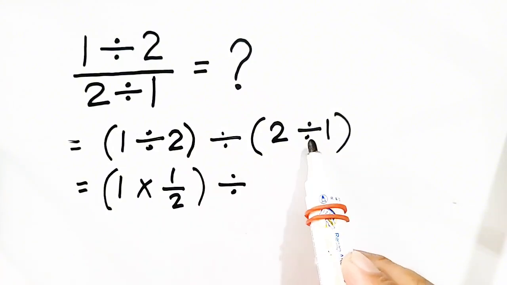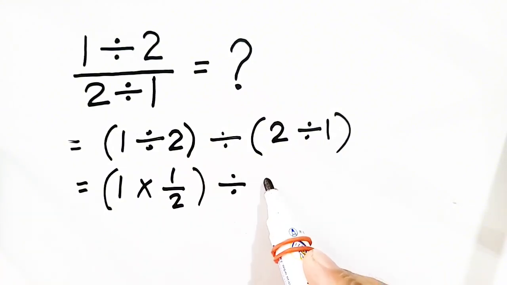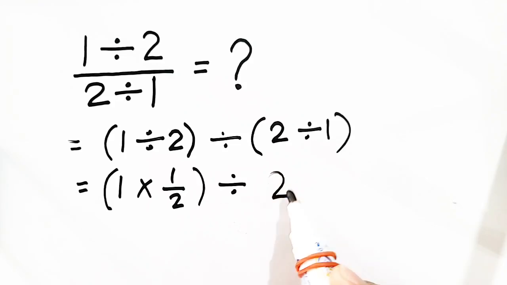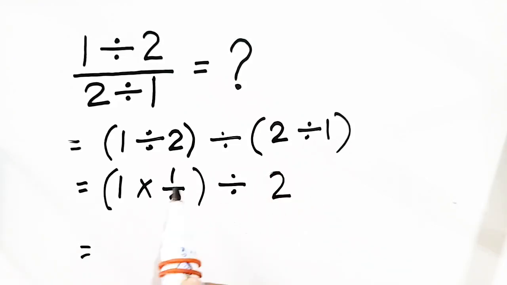Similarly, 2 divided by 1 is equal to 2. So 1 multiplied by 1 by 2 is equal to 1 by 2 divided by 2.